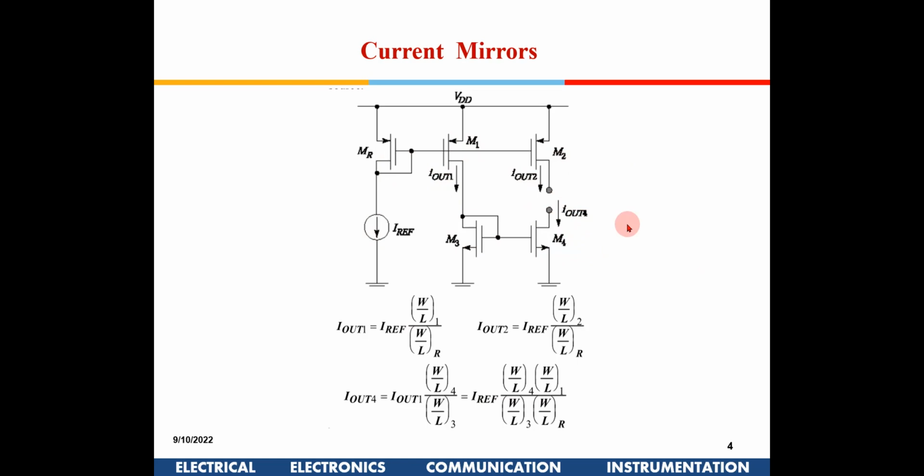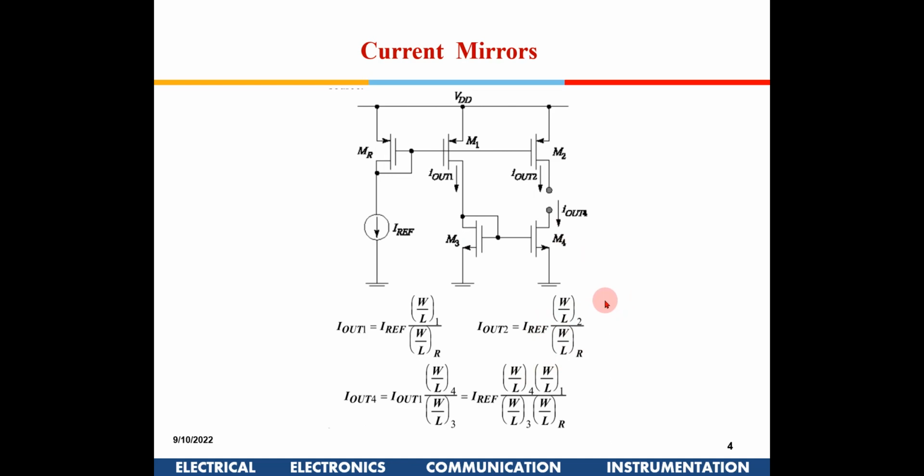There could be some 50, 100 circuits, and for each of them we can use these connections and get the required bias currents. The bias currents need not be the same in each branch. We can set the desired value by appropriately selecting the W by L ratios. Is it okay till here?